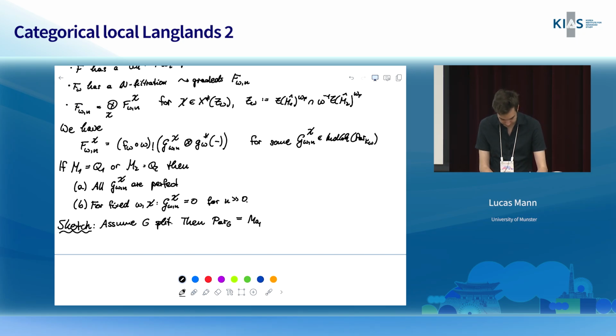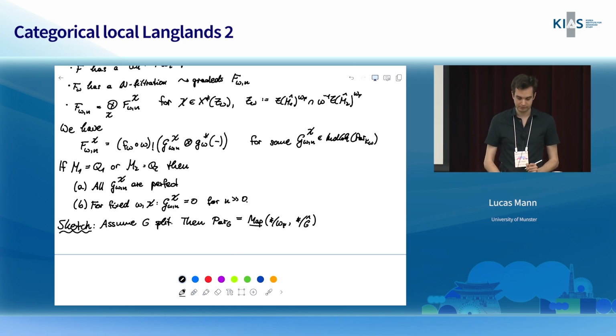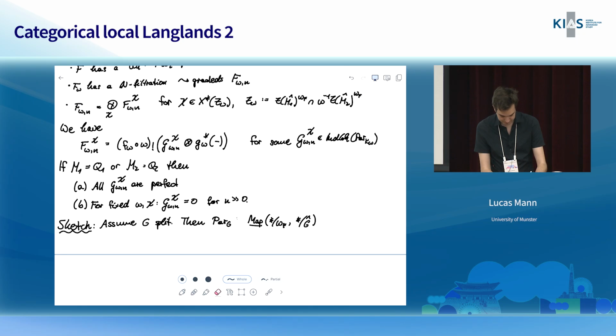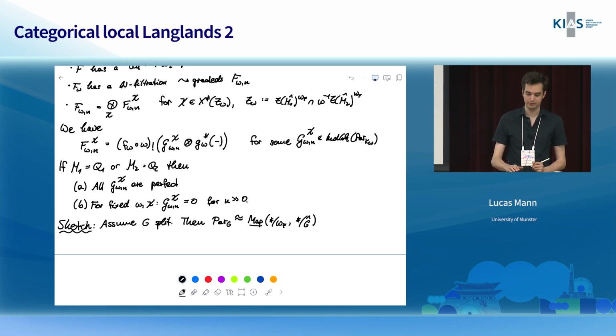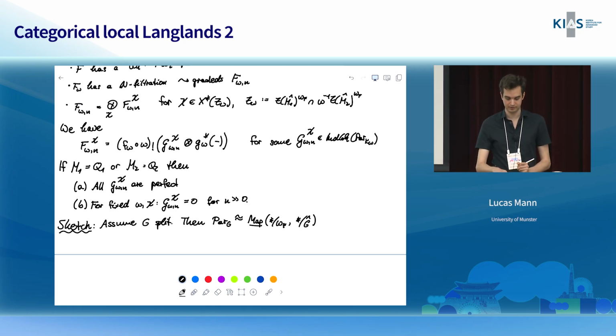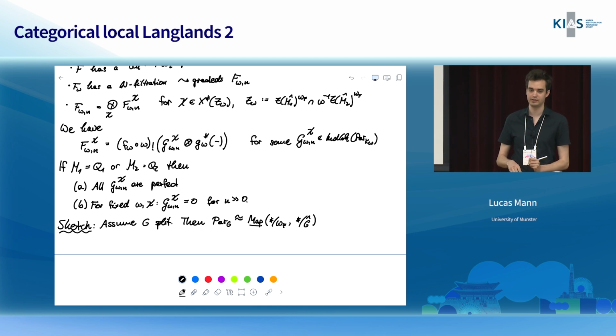So I can write this as the mapping stack from the classifying stack of W_F to the classifying stack of G hat. And you need to be slightly careful. It is true literally if you are careful with the condensed structures, because this W_F is a condensed group, and you have to put some condensed structure on this G hat, and there is a way to make this precise, and I will not go into that.